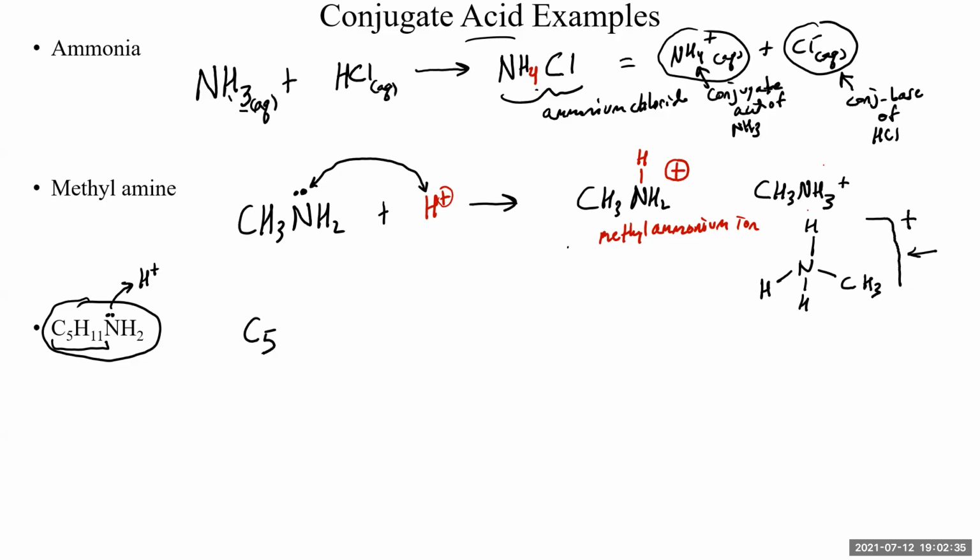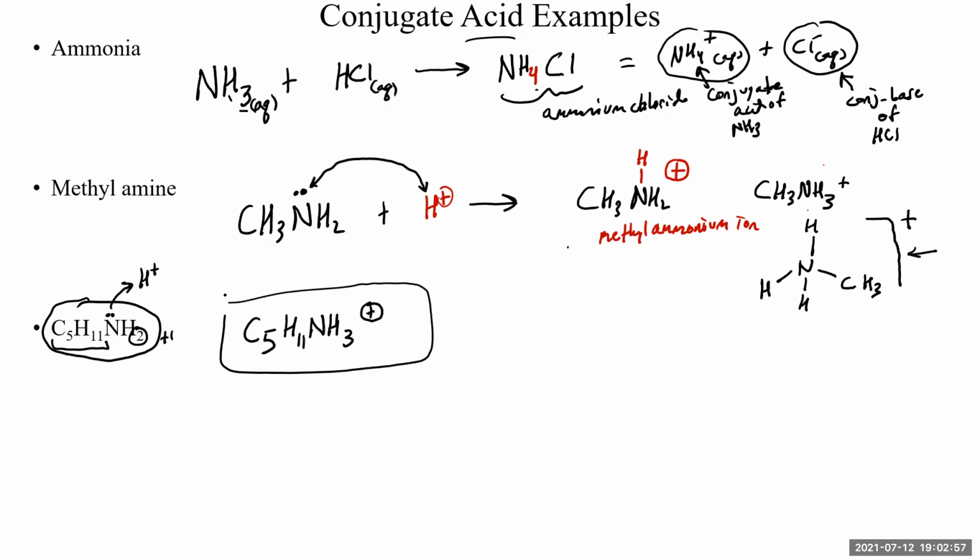So the conjugate acid of this molecule will simply be the C5H11, nothing changes about that, NH2 plus 1 equals NH3, and then of course, because you're adding a positively charged proton to this neutral molecule, NH3 plus. And that's it.